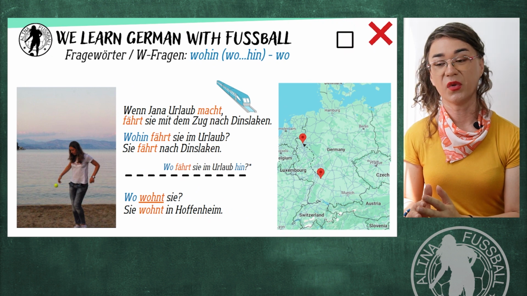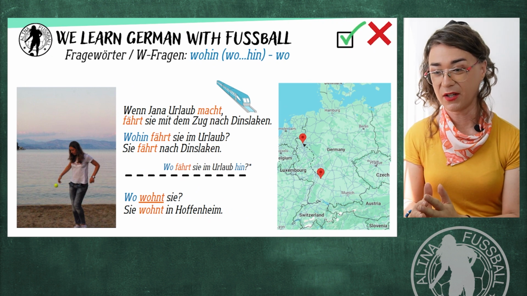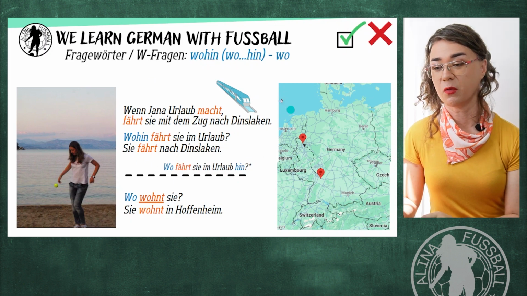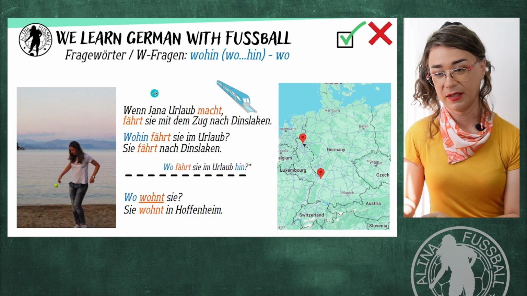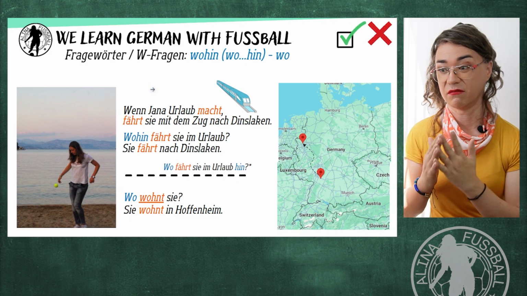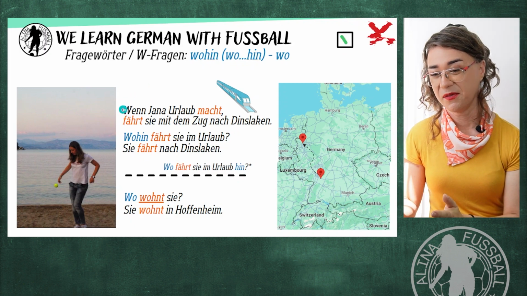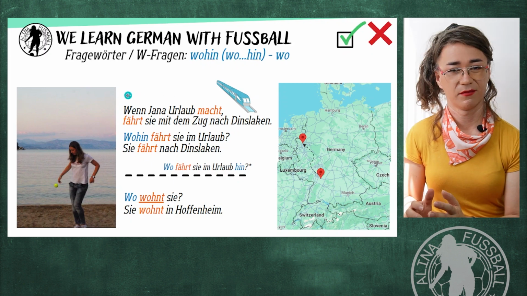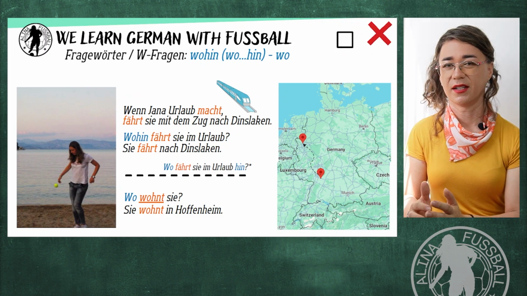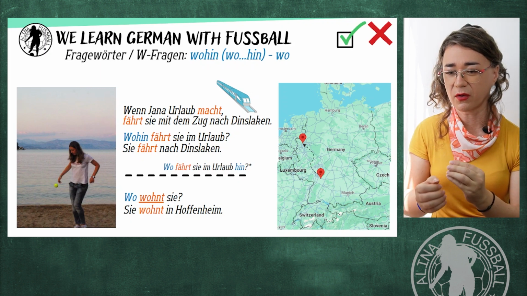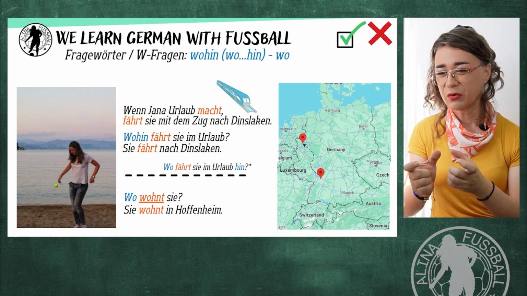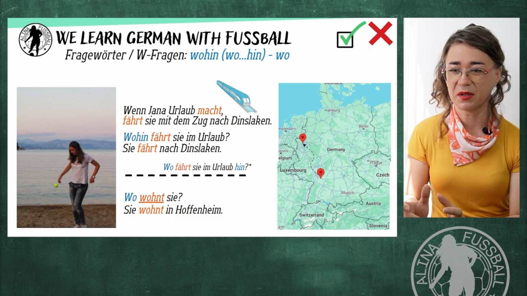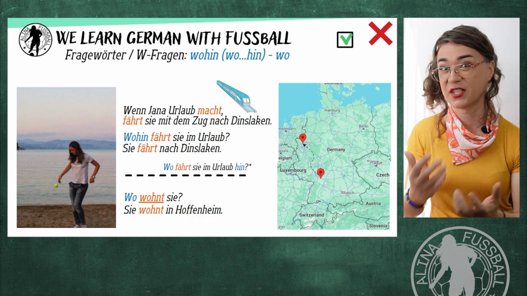In this case, we will have a look at the Fragewörter wohin and wo. And as you notice here, we have a pretty short text. And if you are an absolute beginner in German, you will find a challenge trying to understand this. But yeah, when you are learning a language, it is important that as you progress, you see little things that are new and a bit complex, but not that complex, to receive a challenge, right?